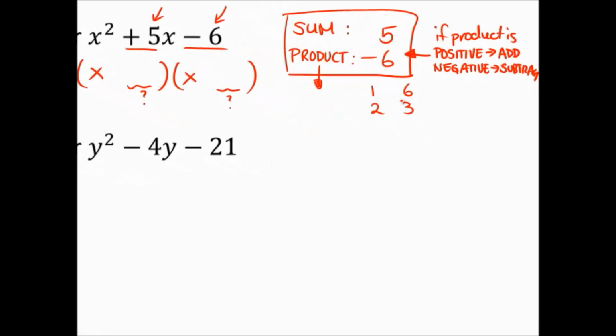So in this case, which of these pairs have a difference, or they subtract to a 5? Well, in this case, we have to take 1 and 6. And now you can choose how to arrange your signs. How do we get a sum of positive 5 with one of them being negative? Well, we want more on the positive side, so the 6 should be positive and the 1 should be negative. 6 minus 1 is 5.